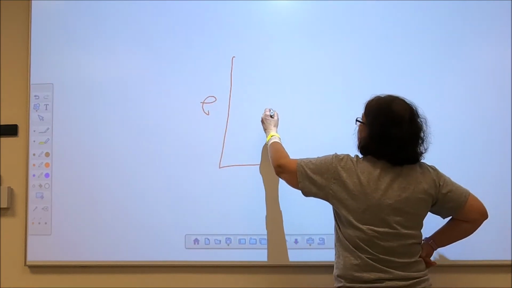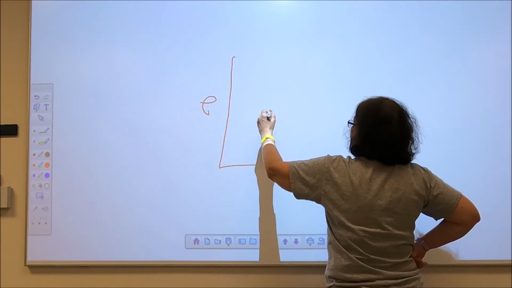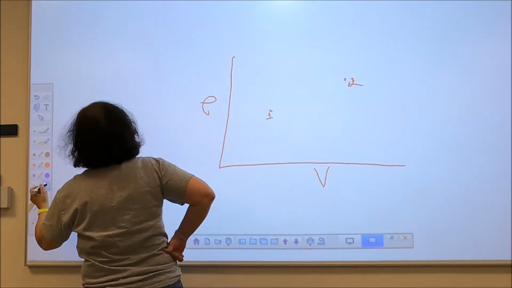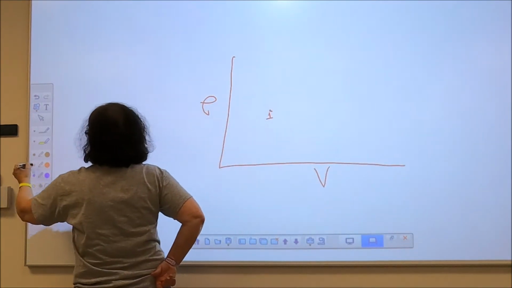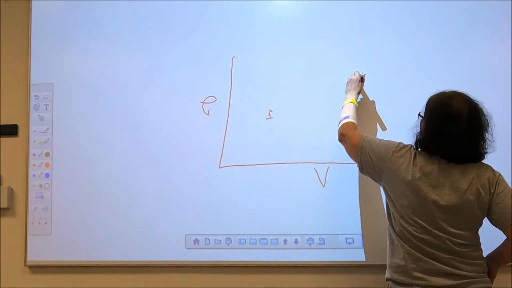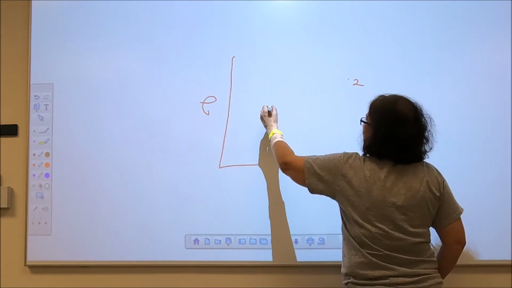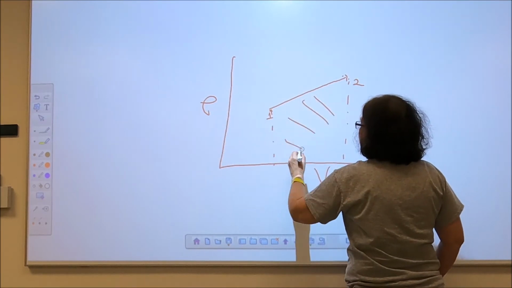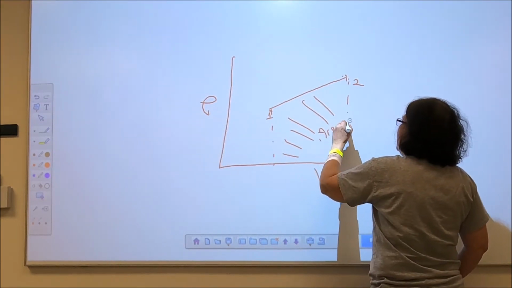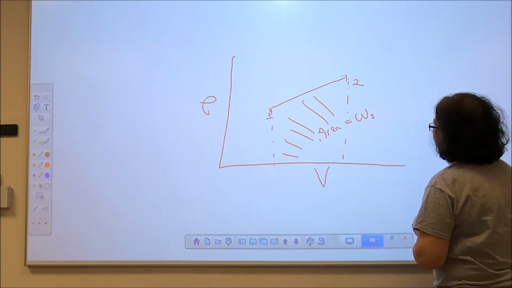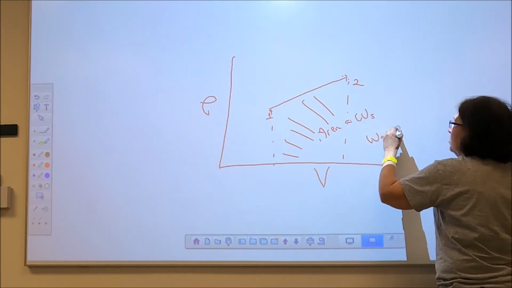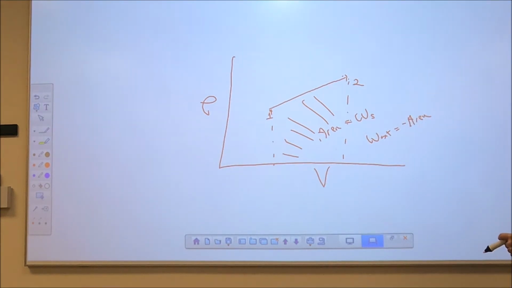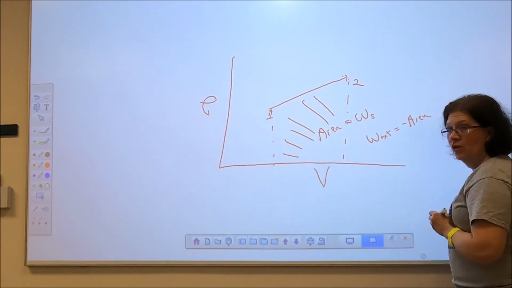So if I started out at a point here, my initial point, point 1, and I've got a point here, point 2, if I went from 1 to 2, the area under here would equal W sub S. Work external would be the negative of the area under that curve. Remember, it's all a matter of perspective.